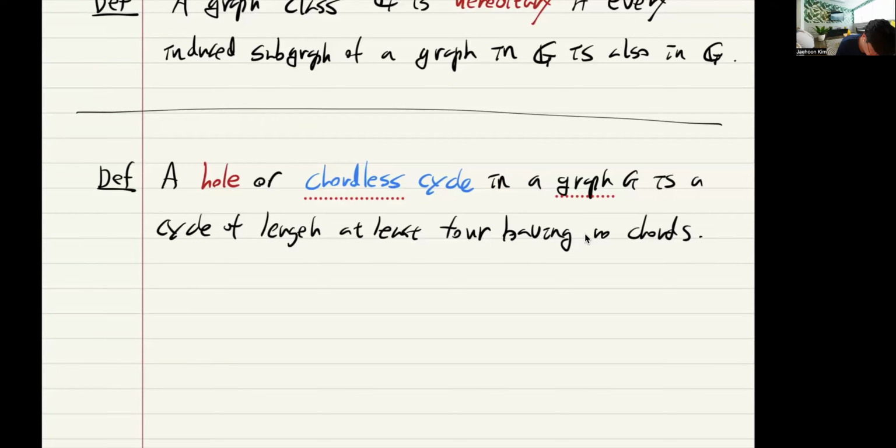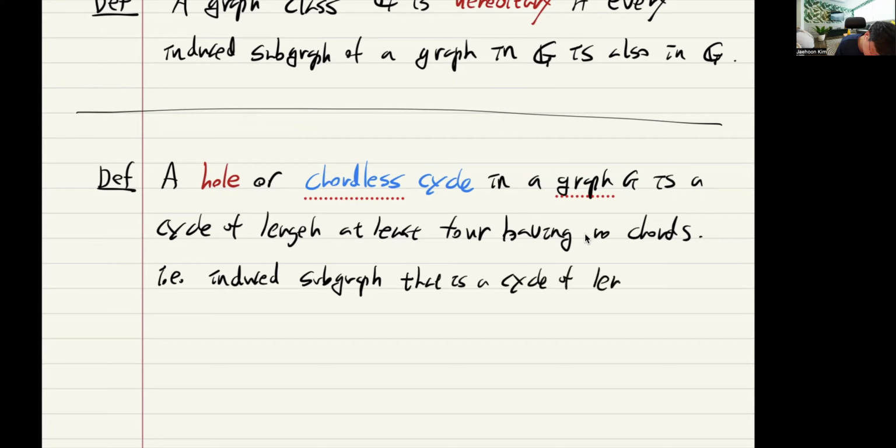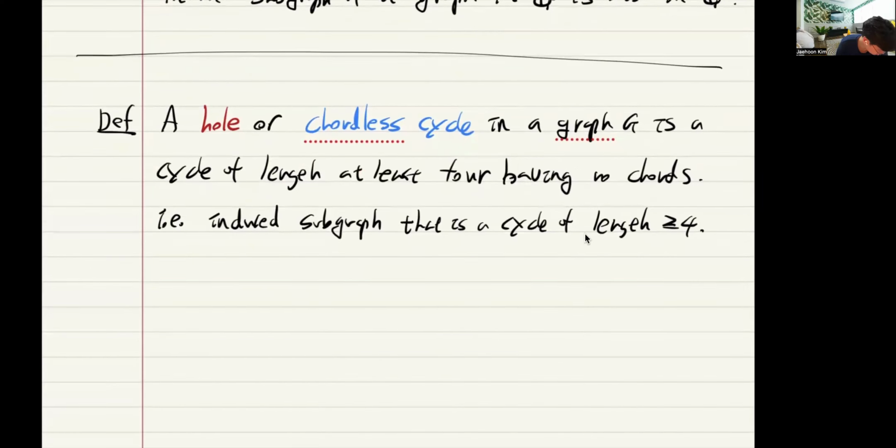So in other words, it is an induced subgraph that is a cycle of length at least 4. So we say that's a hole or chordless cycle.